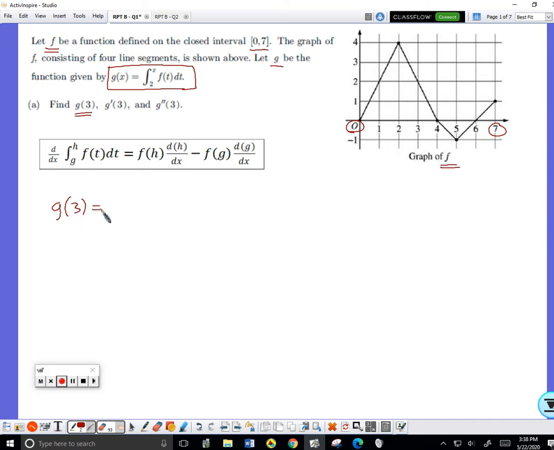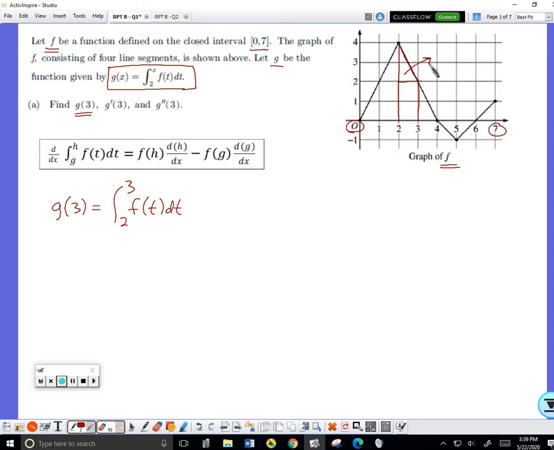It's going to equal the integral from 2 to 3 of f. So here's f, starting at 2. The values of f are all positive. So all of this area counts positively.